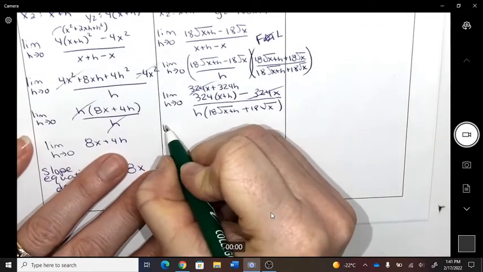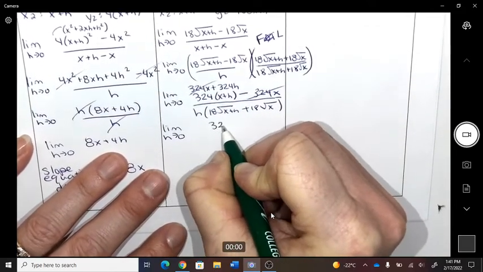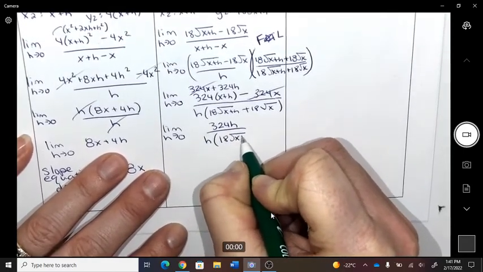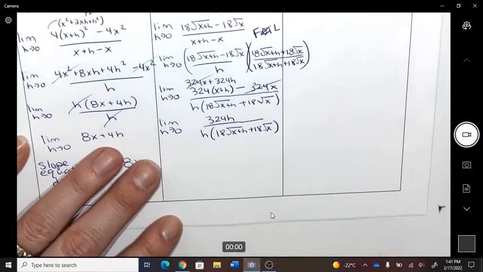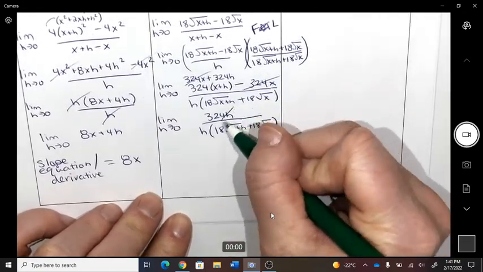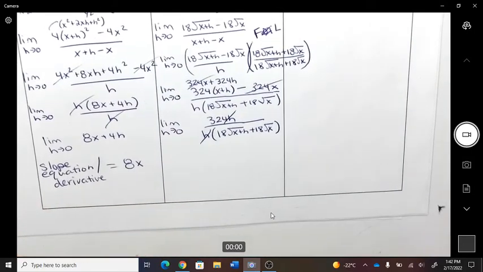I know you're probably going to want to cross those off, but really you should write one more step, so I'm going to do it correctly. Okay, we're ready to get rid of our problem. The h of 0 on the bottom was the problem, and now it will cancel.